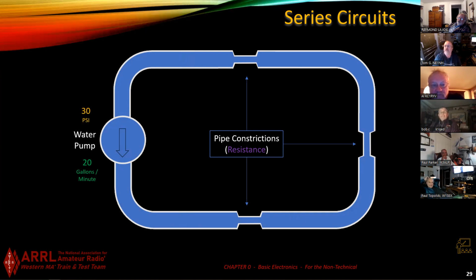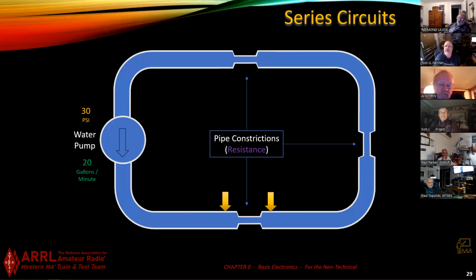Now let's talk about our constrictions in the pipe. So I've got 30 pounds of pressure at the beginning on the pump, and I measure it right there. If I measure across that pump, I'm going to measure that 30 PSI. This one's where people get a little bit turned around. If I measure it at this constriction, remember that Bernoulli's principle thing. I'm going to measure a difference in pressure across there.